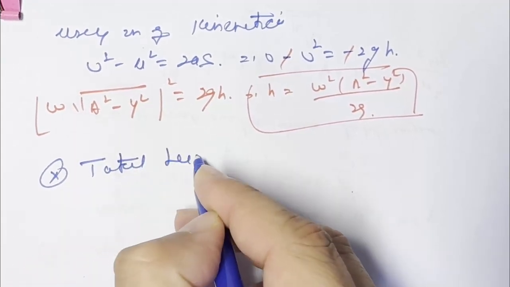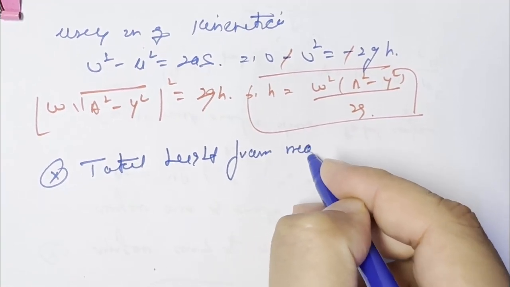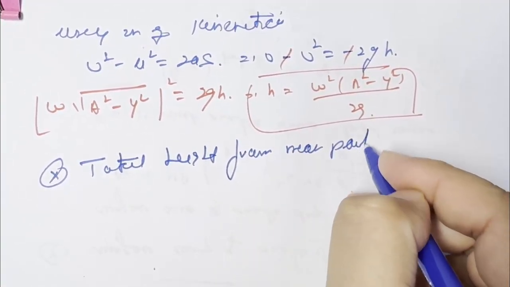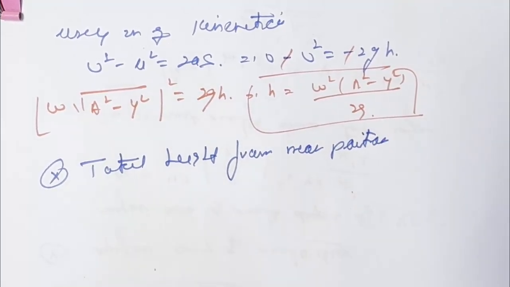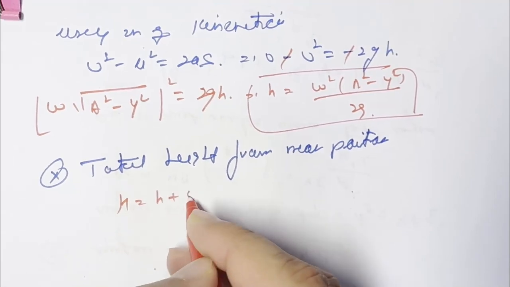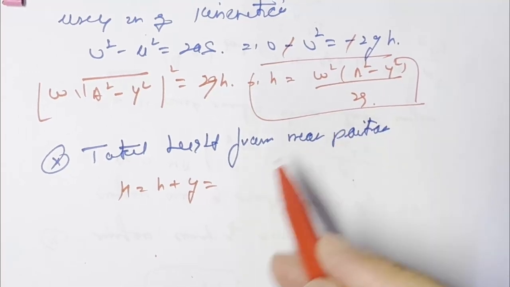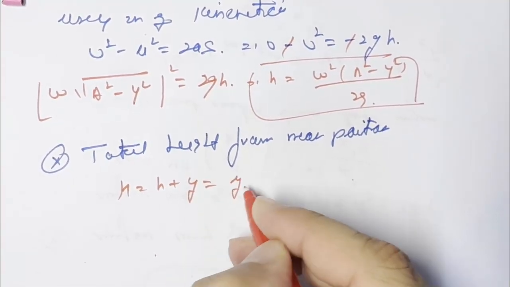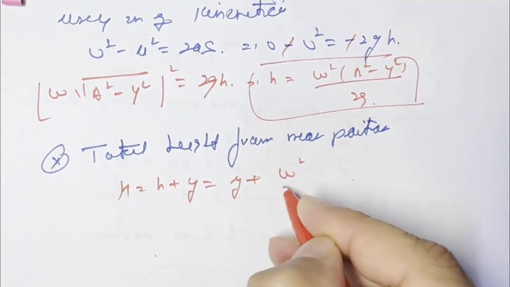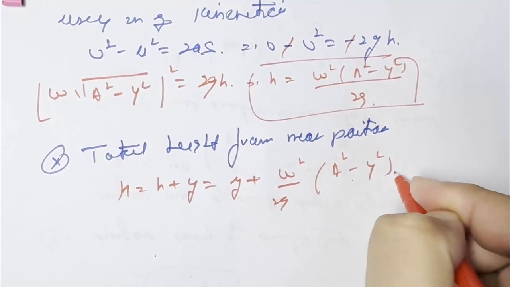Total height from the mean position is capital H equal to y plus omega square upon 2g times a square minus y square, when we substitute the value of h.